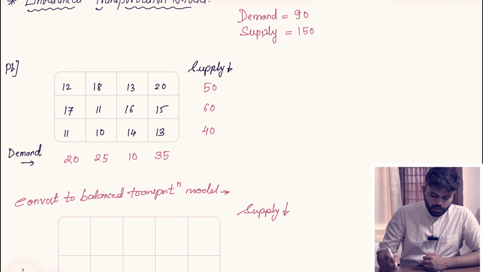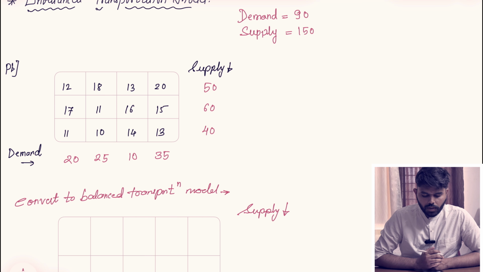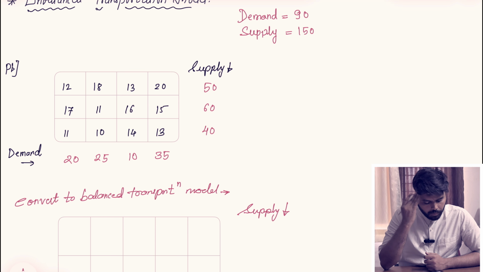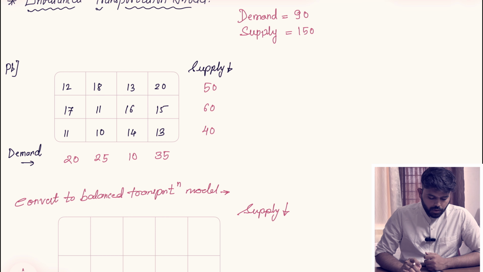So we can conclude that as the total demand is not equal to total supply, this is not a balanced transportation problem. So for solving the unbalanced transportation problem, it is important for us to convert it into balanced first, and then we can solve it by any of the methods.